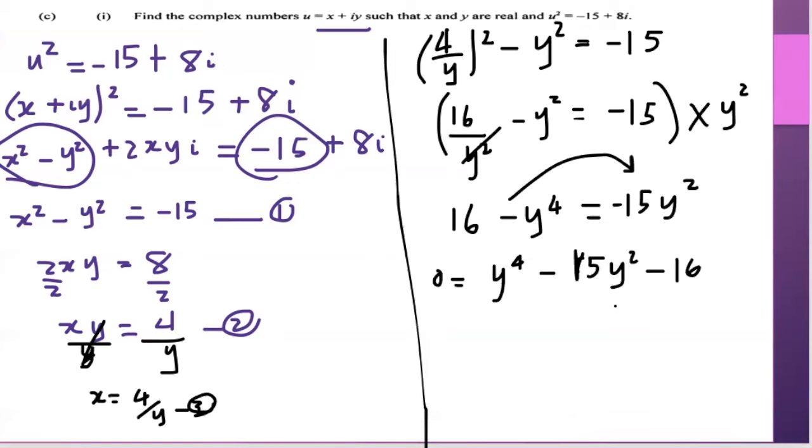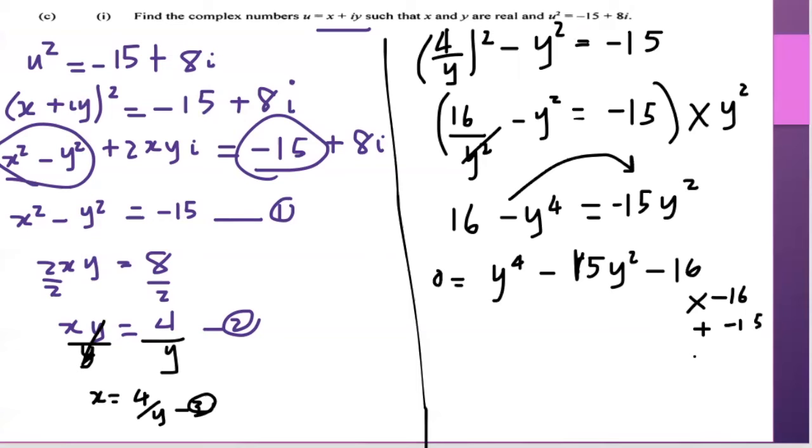Now factorizing, just like how you factorized before, I need two numbers that multiply to give me negative 16, but add to give me the center, which is minus 15. To think about this, it must be minus 16 and positive 1.